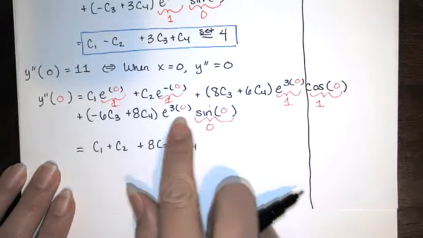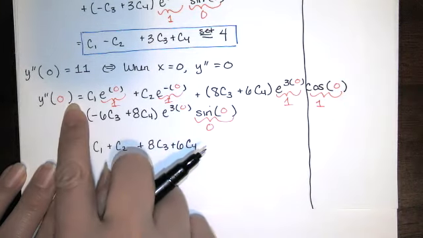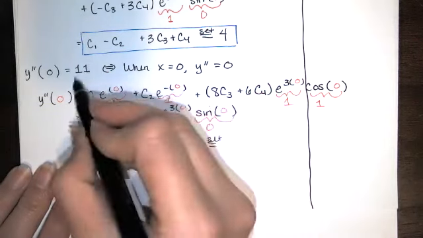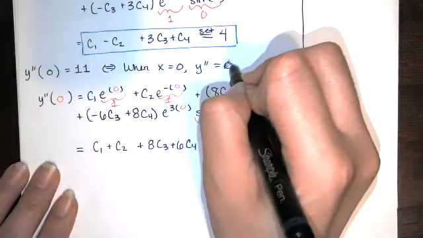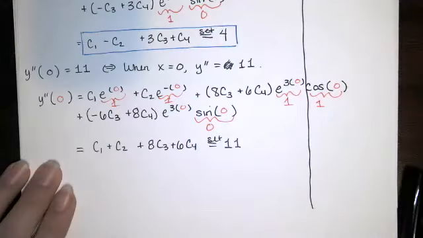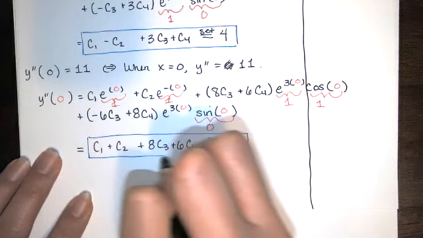And then we have this times 1 times 0. So that whole piece is gone. That is our y double prime at 0. We're setting that equal to whatever they told us y double prime was at 0. It was 11, not 0. Put the wrong thing down there. That is our third equation. We're looking for 4 equations with 4 unknowns.